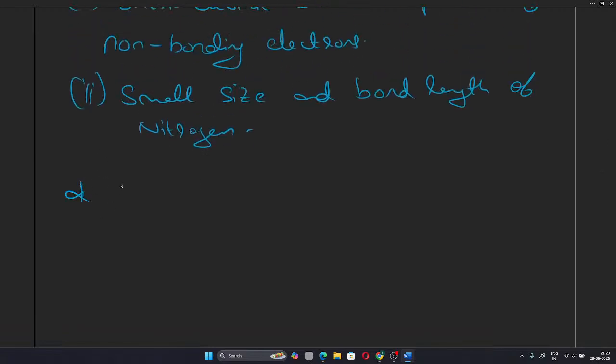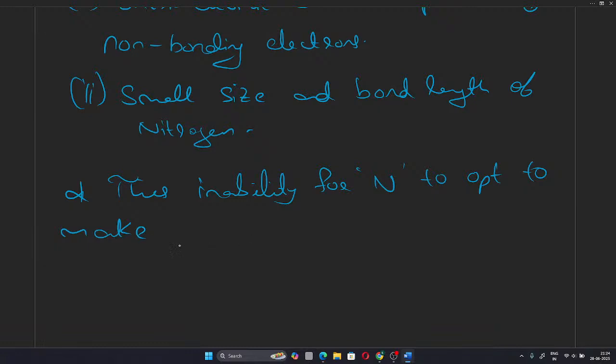And this inability for nitrogen to opt to make, basically I am saying nitrogen can indeed make N single bonds, but it can't prefer these bonds.